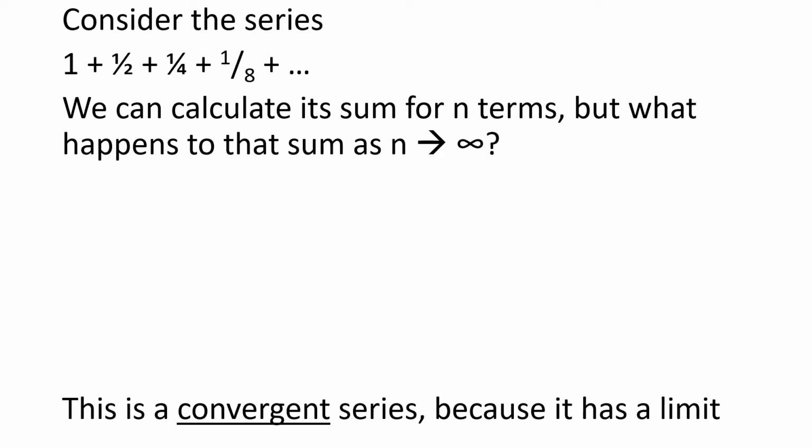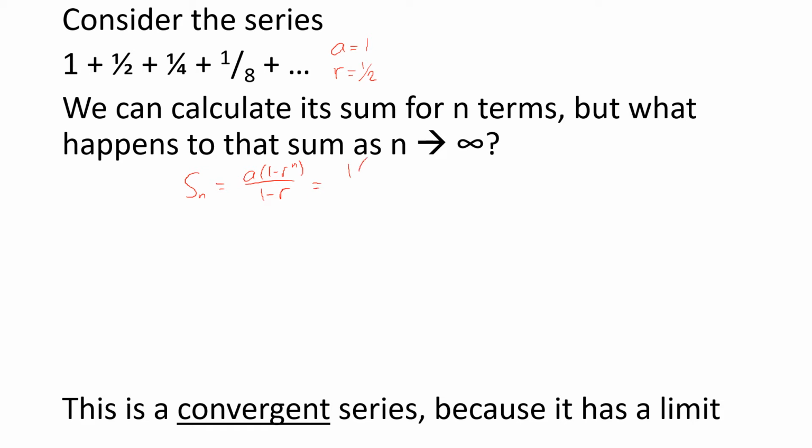So isn't that always going to be the case then? If we're adding an infinite number of terms, isn't our sum always going to be infinite as well? Well, not always. Here's a situation where it's not. In this one, a is 1 and r is a half, and we want to think about what happens to the sum to n as n gets really, really large. Sn is a, lots of 1 minus r to the n, all over 1 minus r.